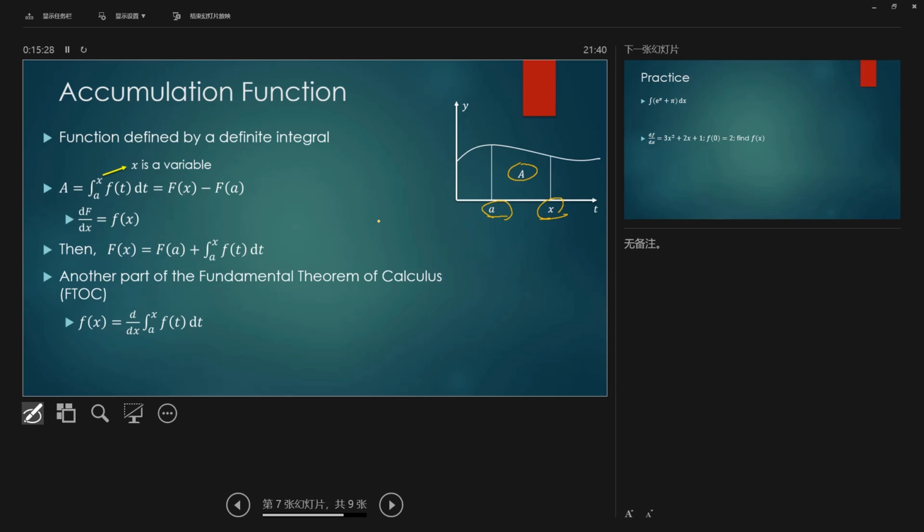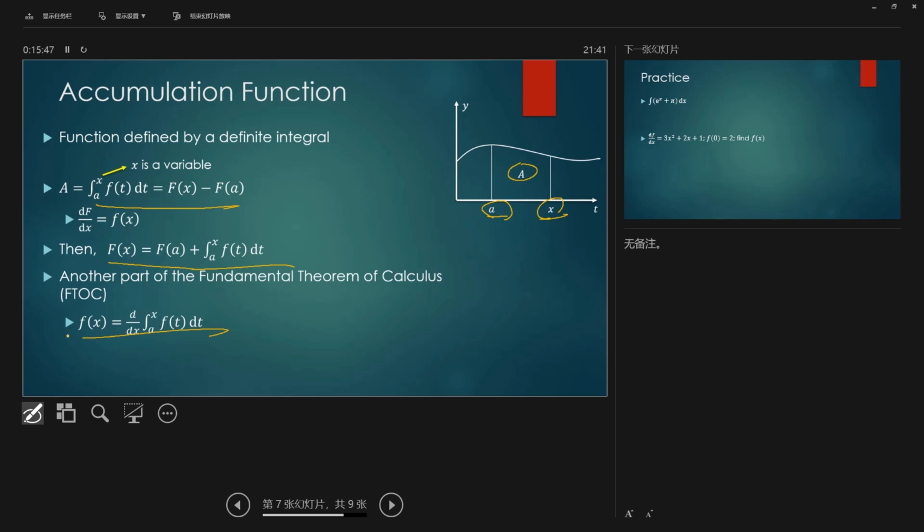Okay, easy to remember. So we can also write it this way: capital F(x) equals F(a) plus the integral from a to x of f(t) dt. Another way to write the same thing.